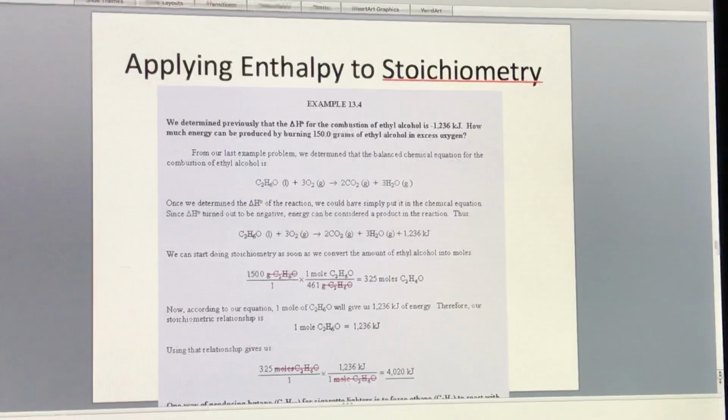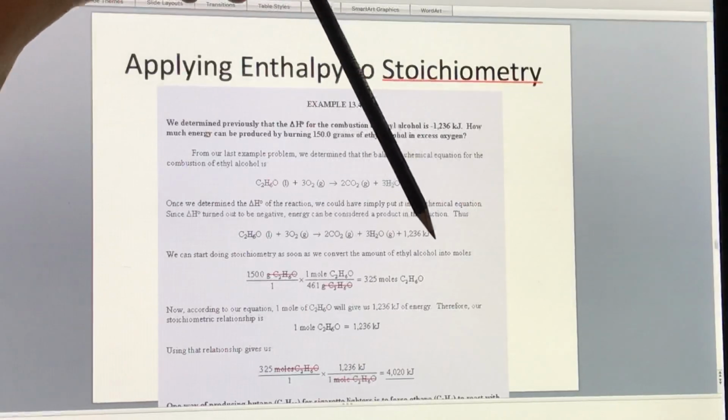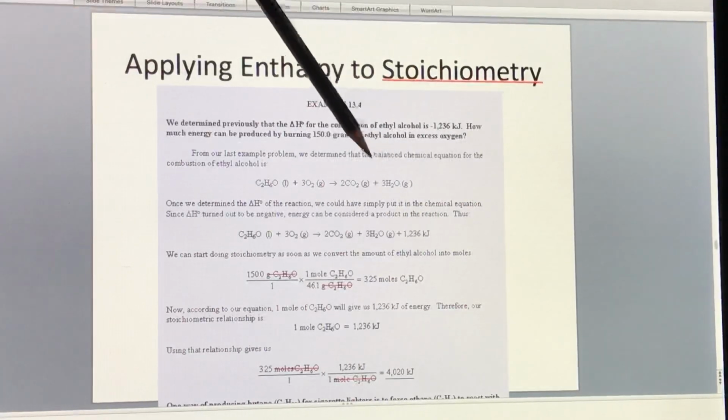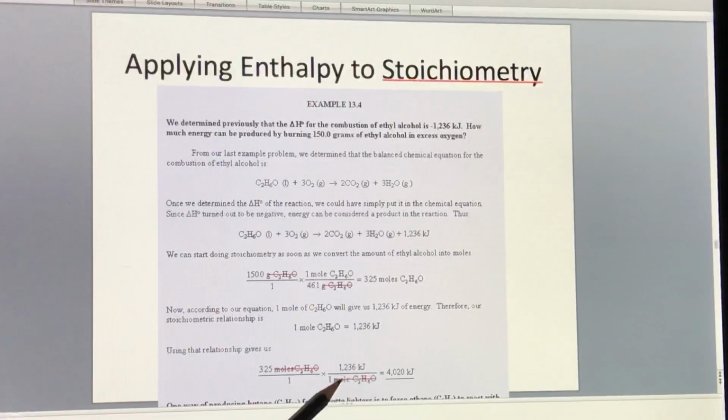Now, we know that according to our equation, 1 mole of this ethyl alcohol will give us 1,236 kilojoules of energy. Therefore, that provides us with enough information to make another conversion factor.